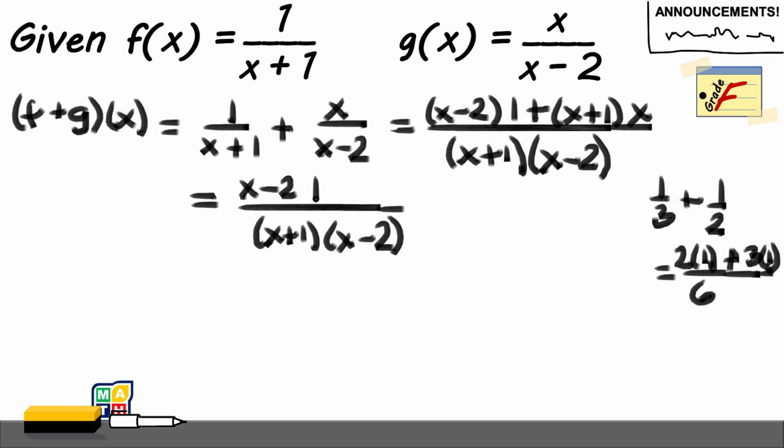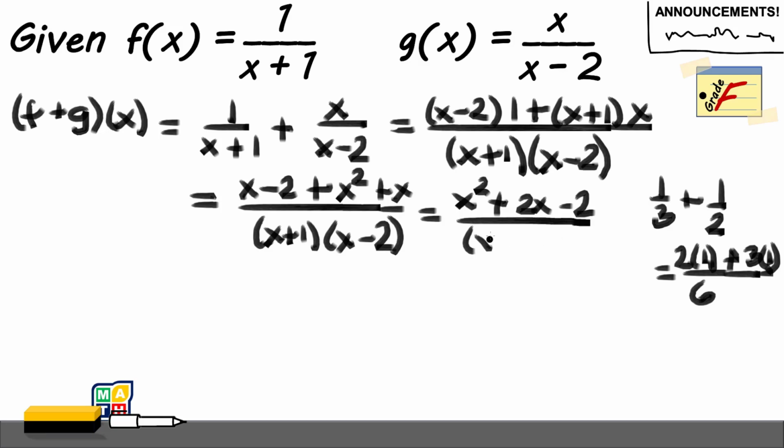And on the other side, plus x times x, you will have x squared, and then plus x. This will give us a result of, we arrange it, x squared plus 2x minus 2, all over x plus 1 times x minus 2.